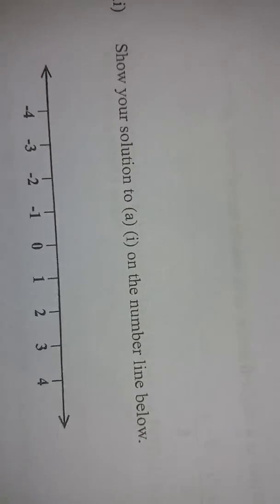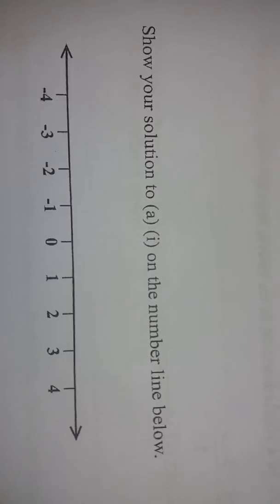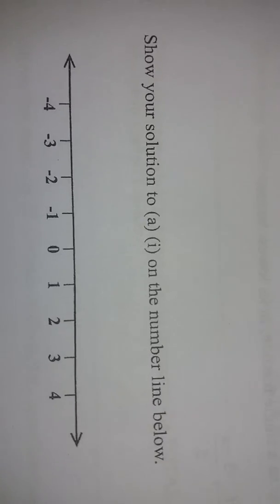They give you a number line of integers from negative 4 up to positive 4. So all you have to do is use this solution, which is x is greater than or equal to 1, and show it on the number line. So let's see what I did here. We're going to show x is greater than or equal to 1 on the number line.